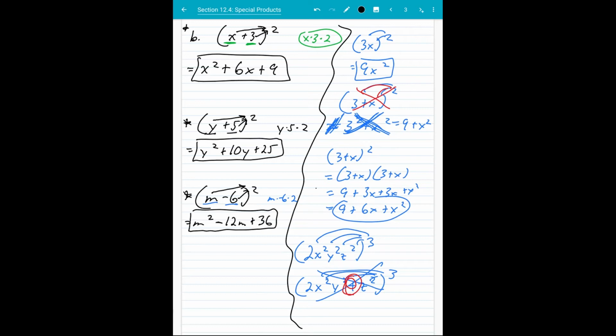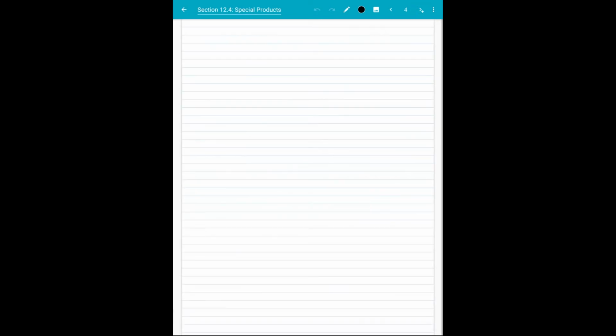It's a special product rule. Let's say I have, this is another example on it, p minus q squared. Again, take this times that, or exponent. That gives us p squared.